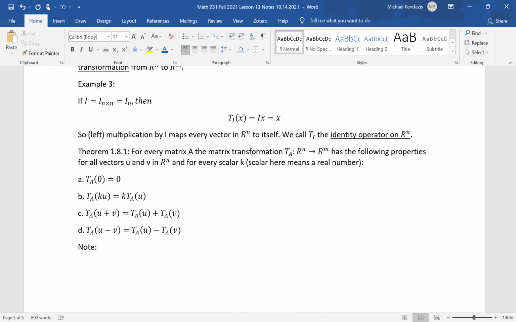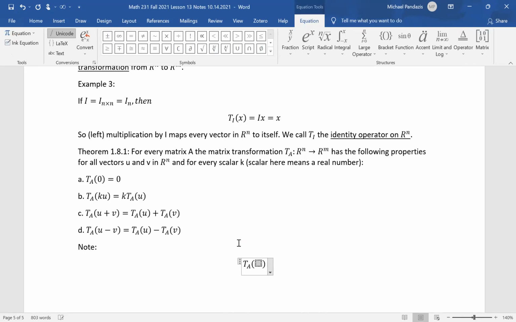Okay, as a note, if you take T sub A of k1 u1 plus k2 u2 plus ... plus kr ur, that's equal to k1 T sub A of u1 plus k2 times T sub A of u2 plus ... plus kr T sub A of ur.